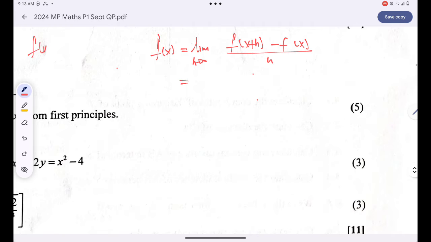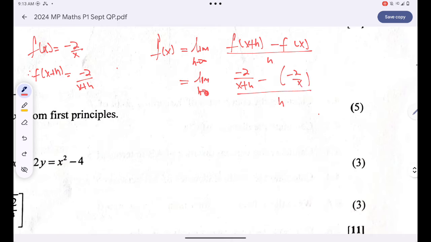Remember that f of x is equal to negative 2 over x, therefore f of x plus h will just be equal to negative 2 over x plus h. So I'll simply have the limit as h approaches 0 of negative 2 over x plus h minus negative 2 over x, all divided by h.